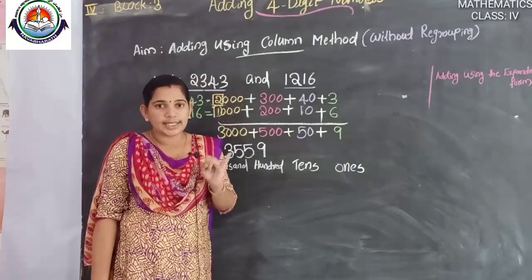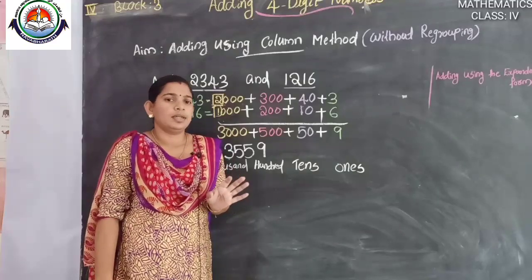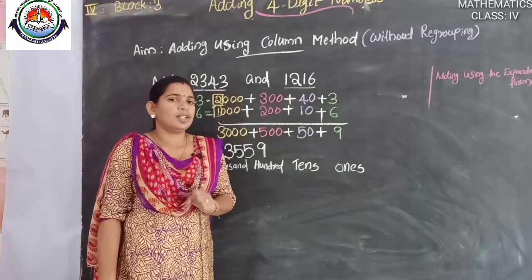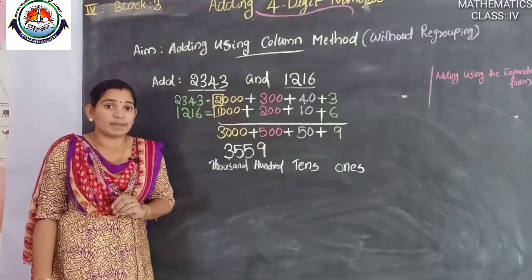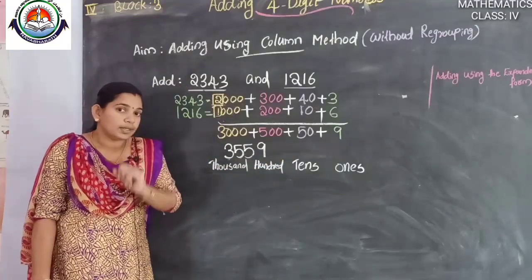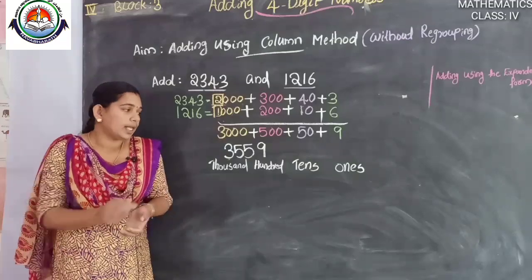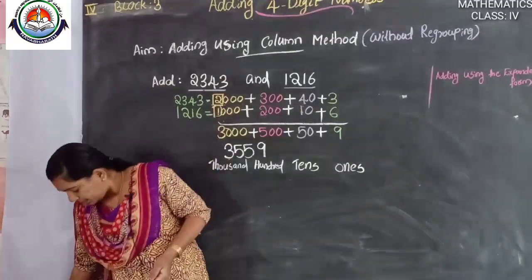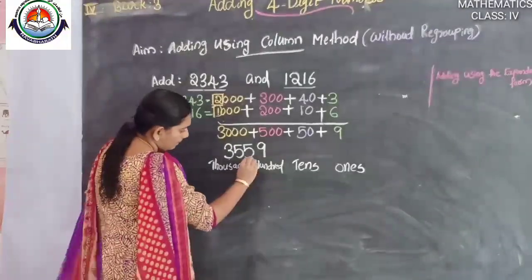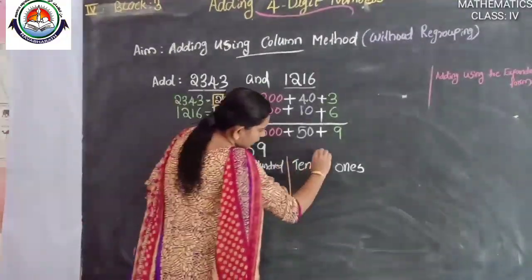Only 4 digits, so you write up to 1000. Ones, tens, 100, 1000. Okay. Do not take the old notebook; in the notebook you write down. That is better. Okay. Ready? Then draw a column. Draw columns.